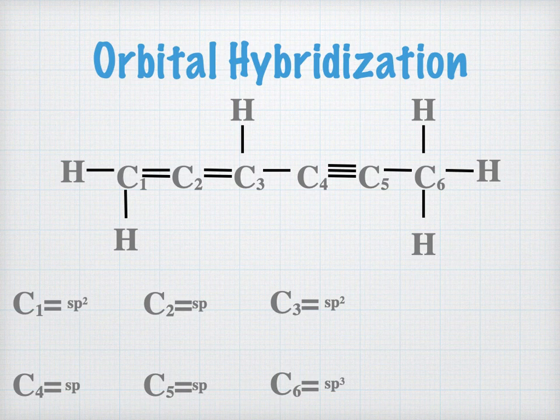The hybridization tells us something about the orientation of the electrons, which tells us something about the three-dimensional shape, which tells us whether or not we have polar or nonpolar molecules, depending on the bonds. All of these ideas tie together as we kind of get to this last little step in understanding covalent compounds.